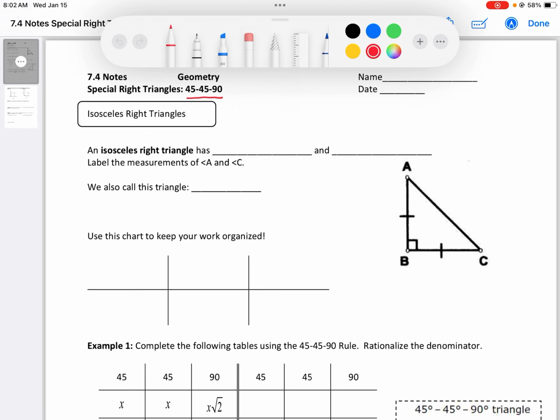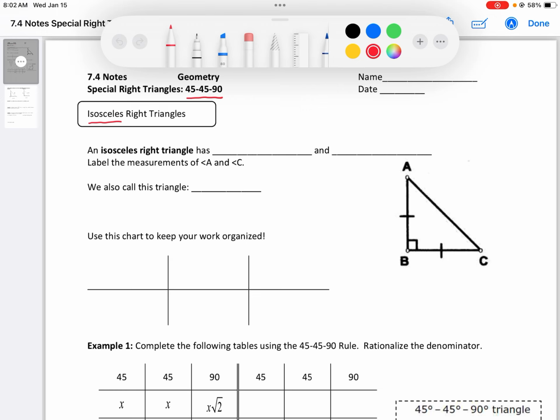This is also called an isosceles right triangle because an isosceles triangle has at least two sides that are the same. So if it has at least two sides that are the same, and it has one right angle, it's an isosceles right triangle and a 45-45-90.